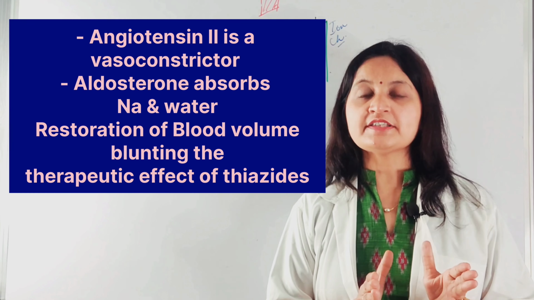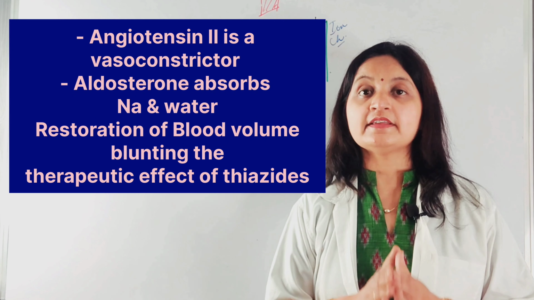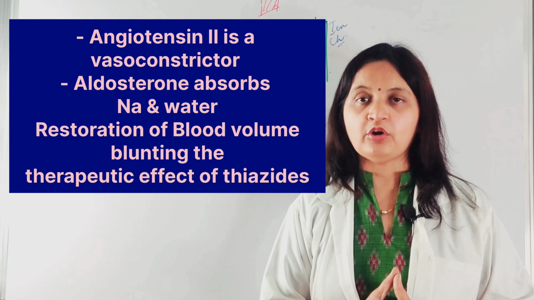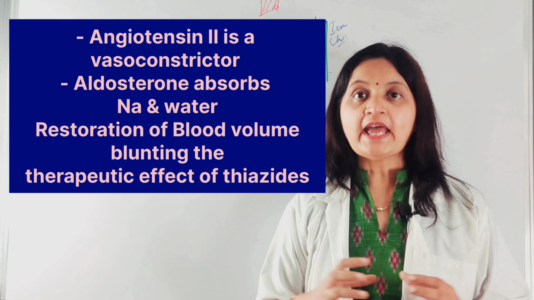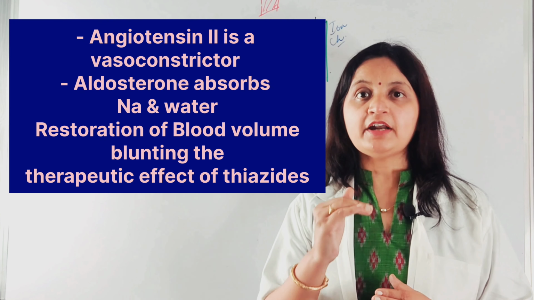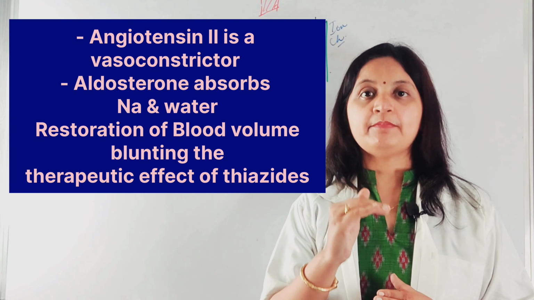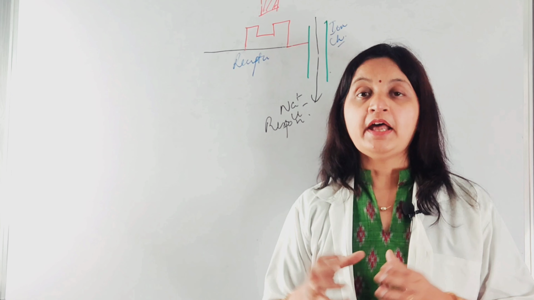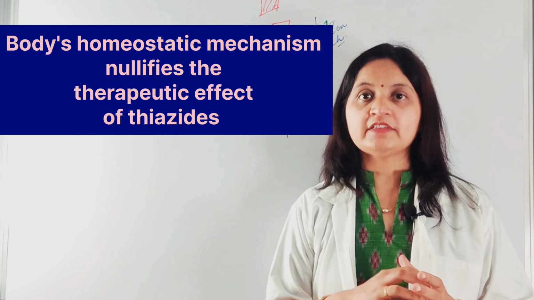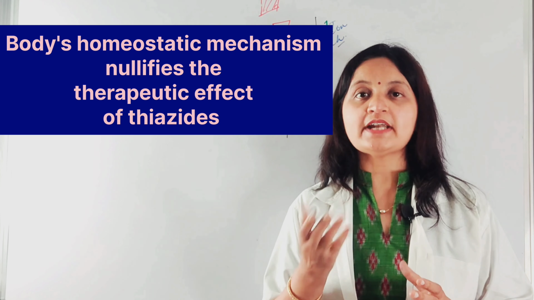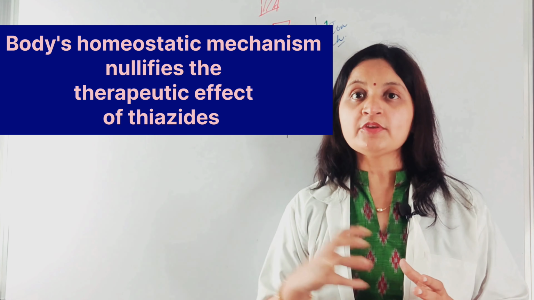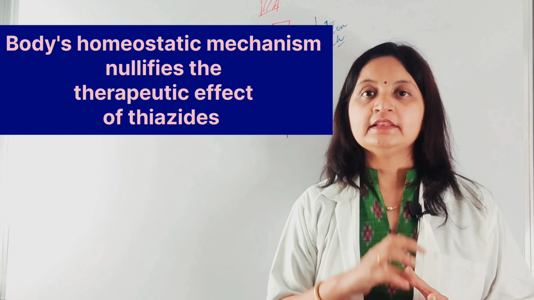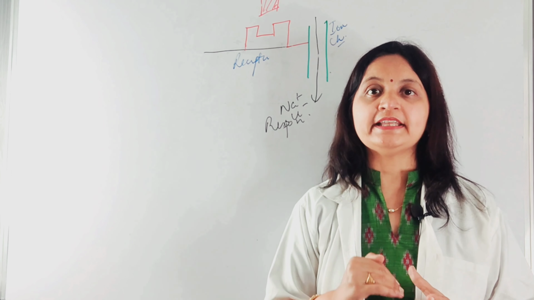Angiotensin II is a vasoconstrictor and aldosterone causes increased absorption of sodium and water. Both acting together restore the blood volume and increase the blood pressure. Therefore, the homeostatic mechanism nullifies the effect of thiazide diuretics. That is, the homeostatic mechanism produces the opposite effect of that of the drug. So the drug response decreases.